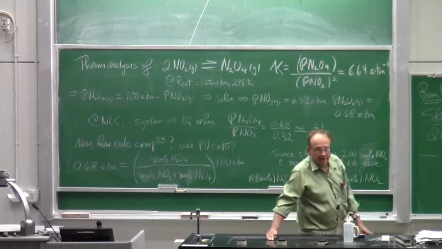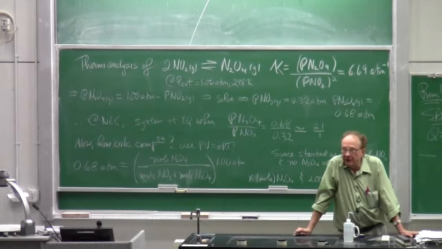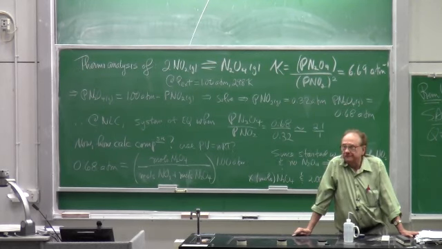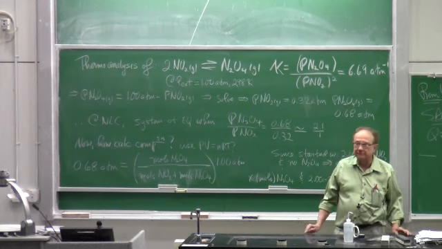Then with delta G0 equals minus 2.3 RT log K, we get the log of the equilibrium constant, which from that calculation is a unitless number. But if we take the antilog, we get the number 6.69.